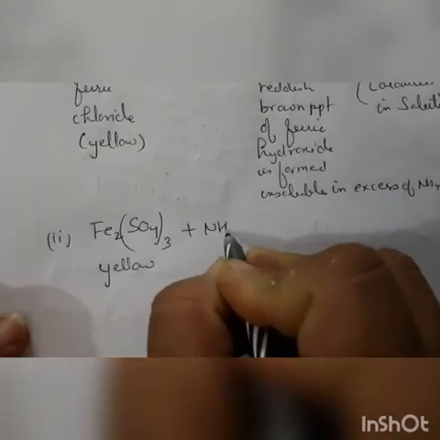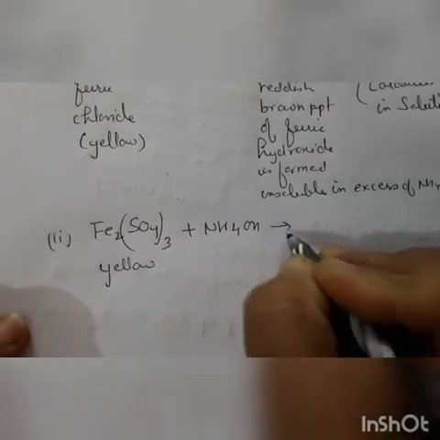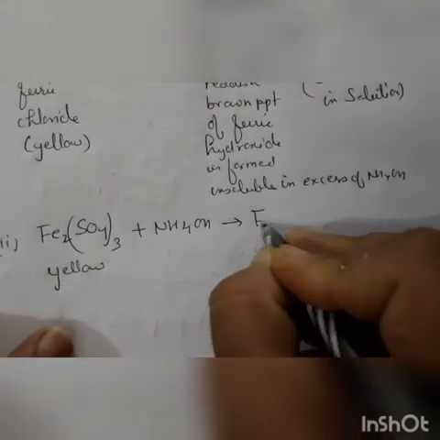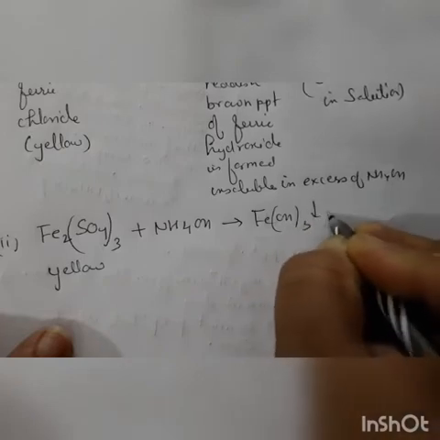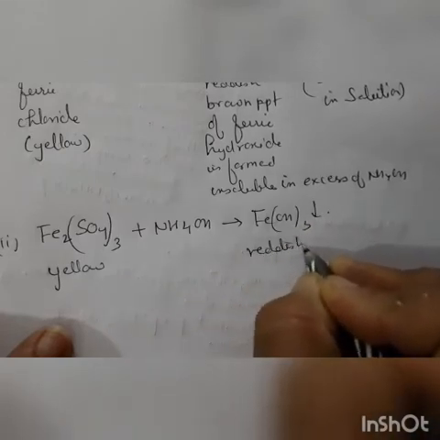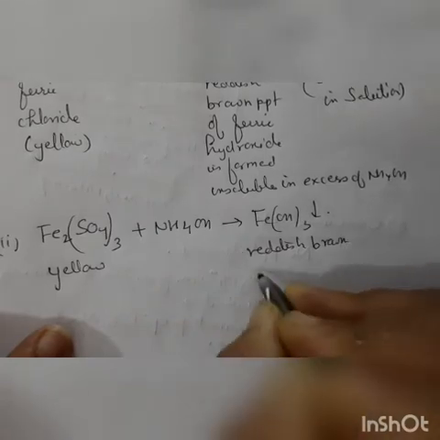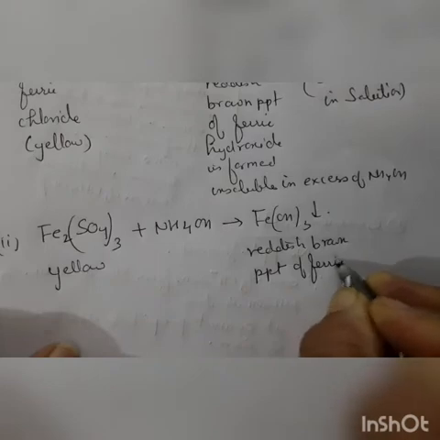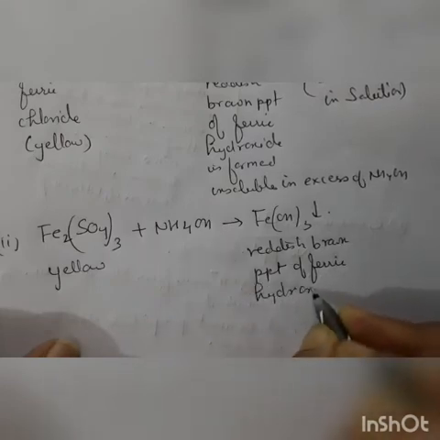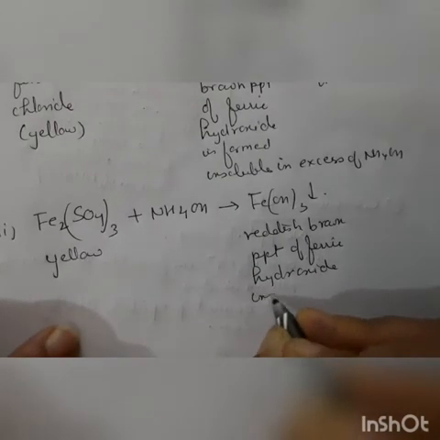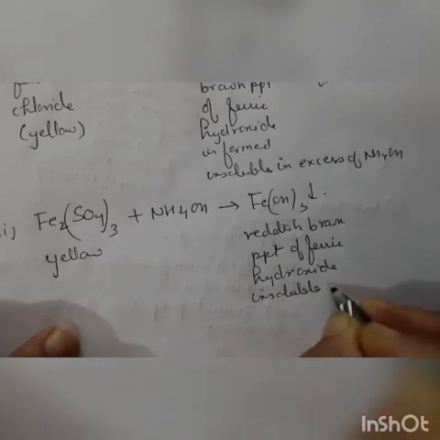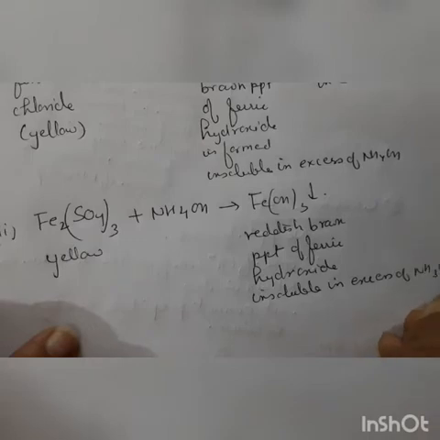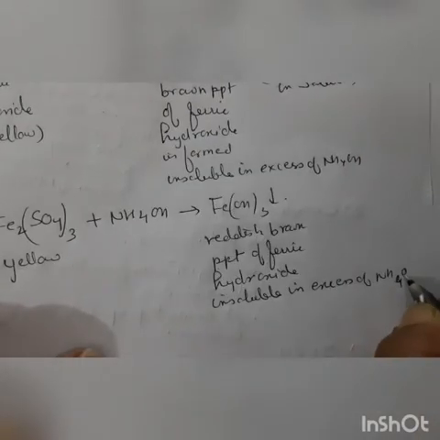When it is reacted with ammonium hydroxide, then again we will get reddish brown ppt of ferric hydroxide, which is insoluble in excess of ammonium hydroxide.